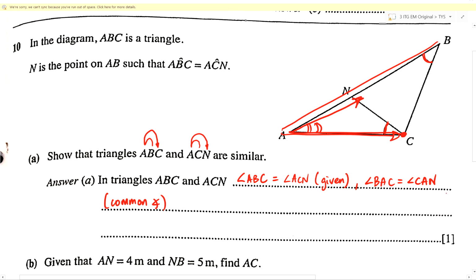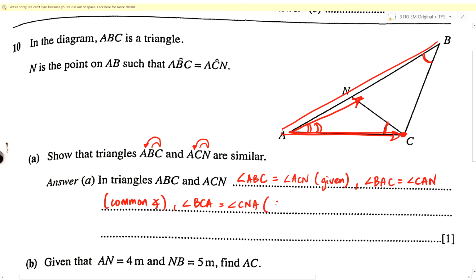So since two angles are the same, we can use the AAA similarity test. But because I'm kiasu, I'll check the last angle that was not covered. I've already got angle B and angle A in the big triangle. I'm left with angle C, so I'm going to put C in the middle. Let's call it angle BCA, equals angle CAN... I don't even bother looking at the diagram anymore because I'm sure it's going to be the same.